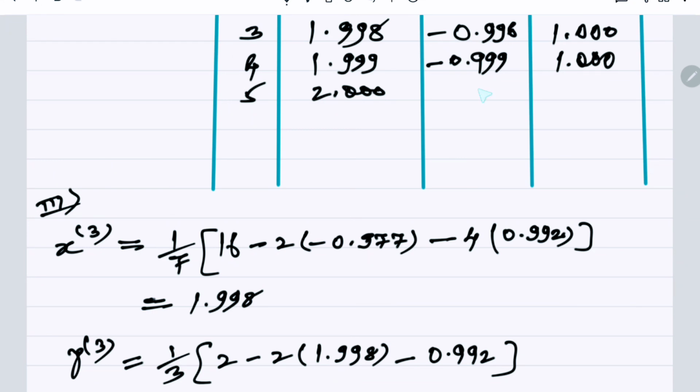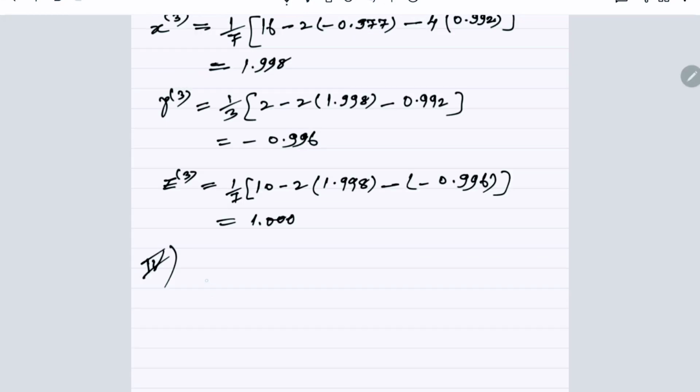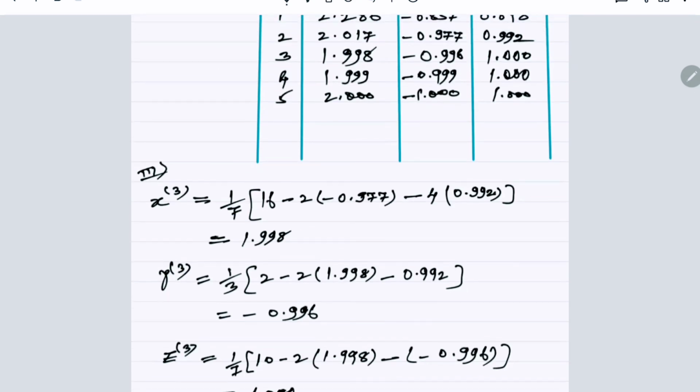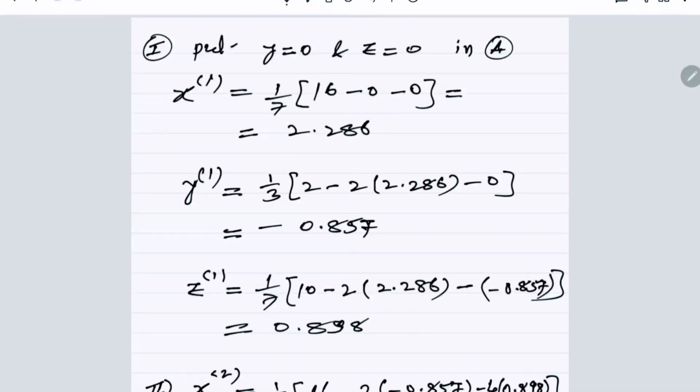And if you see the difference between the fourth and fifth iteration, the successive values of x, successive values of y, and successive values of z differ by a very small amount, that is 0.001, and therefore we can stop the iterative procedure here, and the final solution is x equals 2, y equals minus 1, and z equals 1.